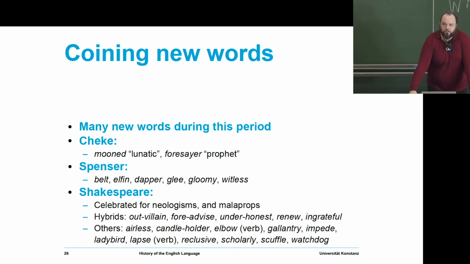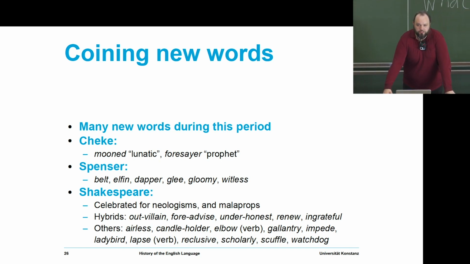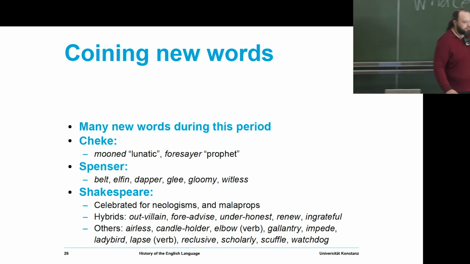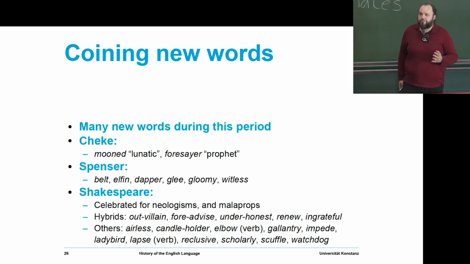But not everyone who's creating new words is doing so because they want to keep their vocabulary pure. Some of them are just doing it because creating new words is fun and because it allows you to do cool things. So Spenser, for instance, creates a lot of new words. Shakespeare is well known for his creation of new words. If you look at the Oxford English Dictionary, for instance, I think more words are first attested in Shakespeare than in any other author.